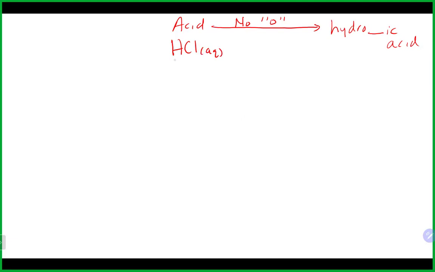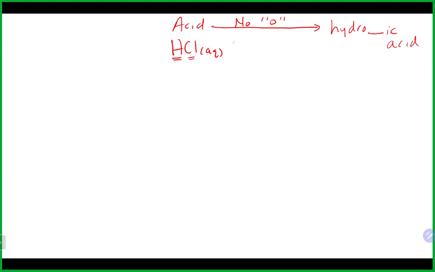If you're looking at an acid, the first question is whether there is oxygen involved. If there's no oxygen involved, your acid will start with hydro-something-ic acid. So for example, HCl has no oxygen involved and that is an acid.